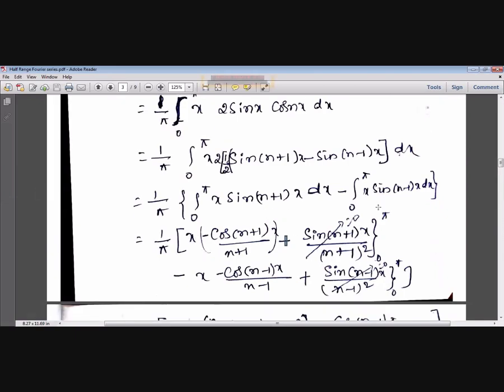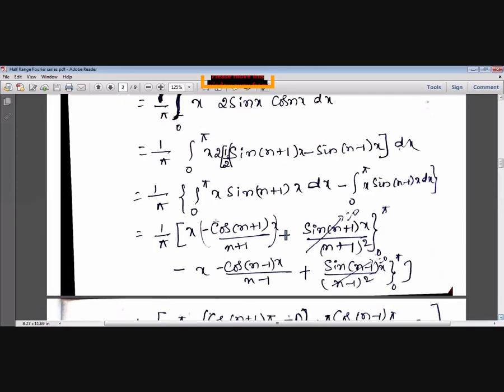Only for this term we need to substitute. Again, come to this, integrate this similarly, x as it is. Write this in brackets, then there will not be any confusion. So minus, write minus then multiply. Again this term will become 0. Only this one, and for this one we need to substitute 0 and pi.